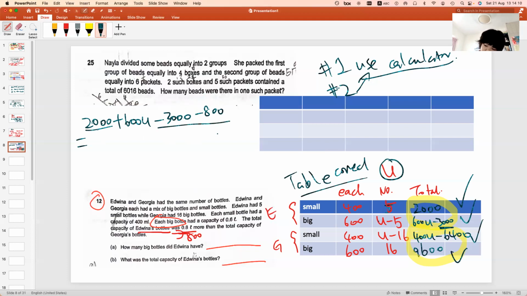So let me use my calculator. This is the left hand side. Then now for Georgia, I need to write down this.